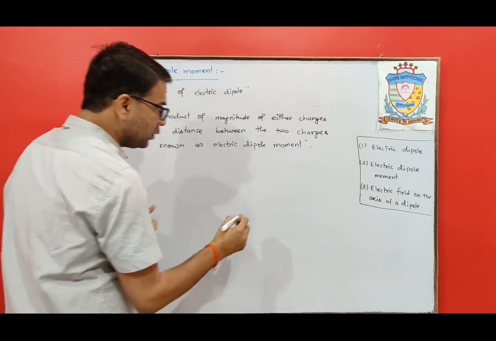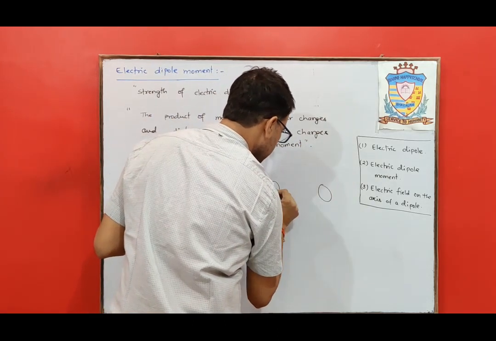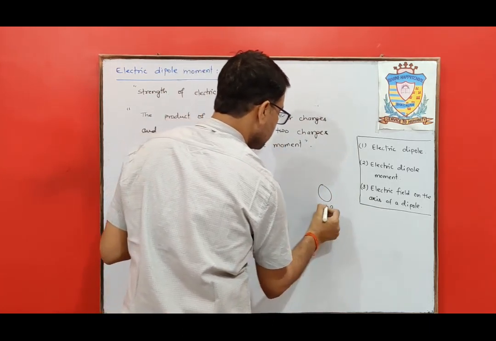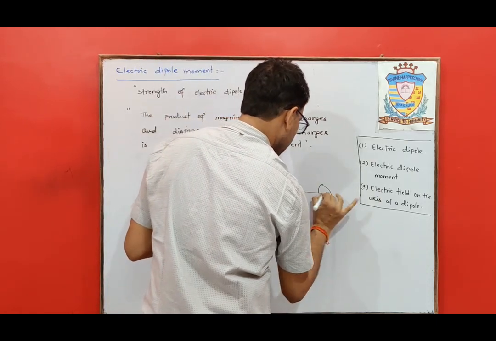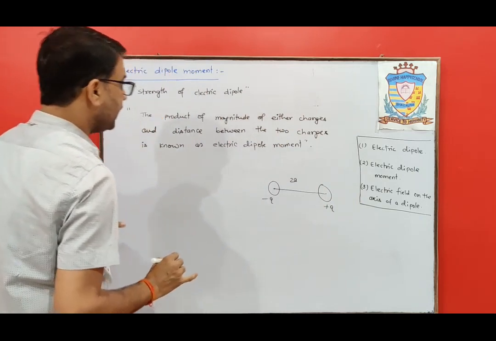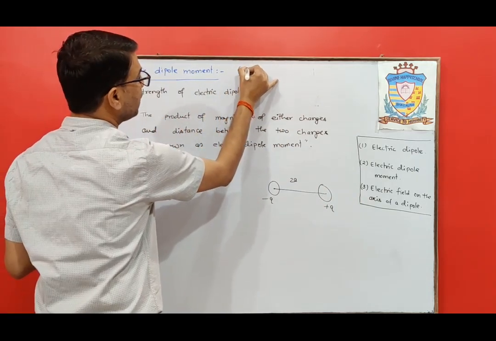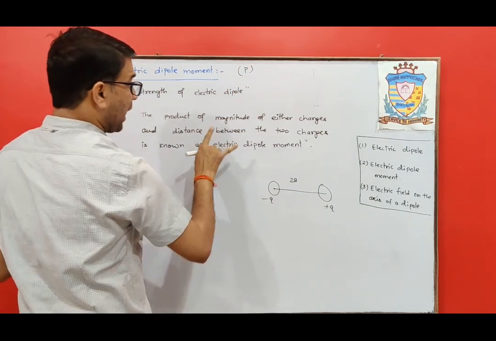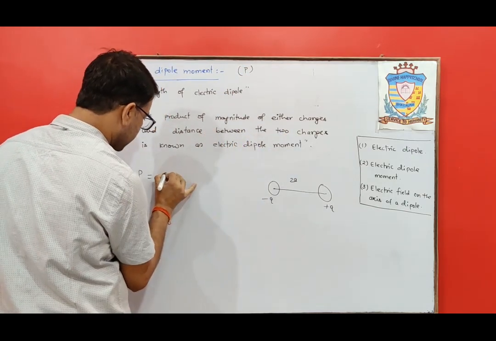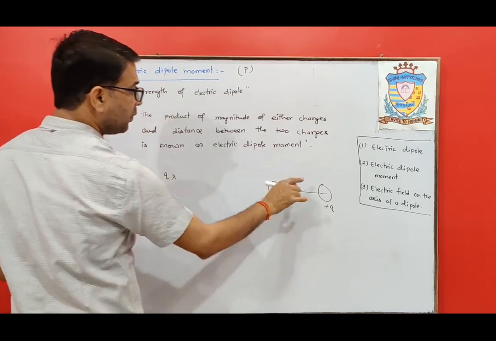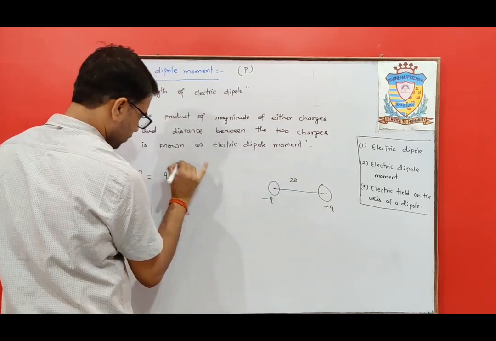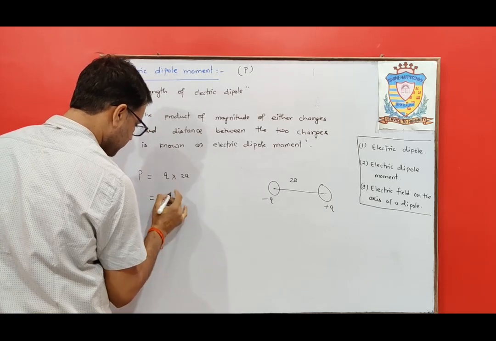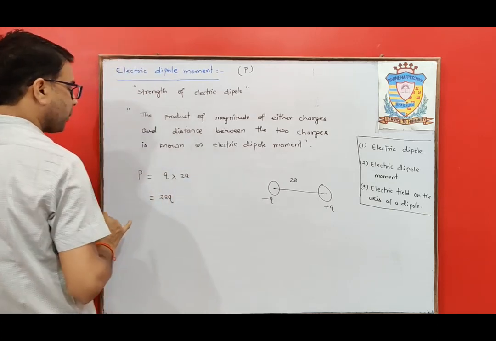Clear? So as we know, if two charges are placed, suppose this is negative q and this is positive q, at a distance of 2a, and it is denoted by P. That means P can be written as the magnitude of either charge, q, and the distance between the two charges, 2a. So P is 2a times q.